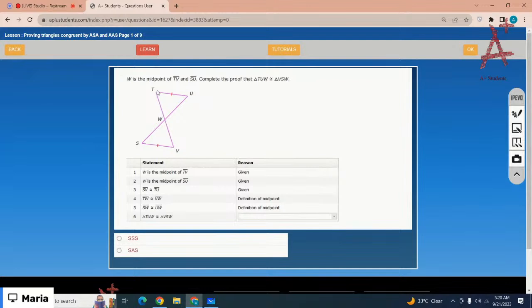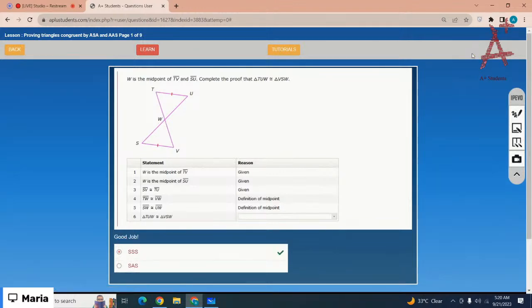That means then TW is congruent to VW and SW is congruent to UW, right? So it is side, side, and side, right? All three sides are congruent. That would be side, side, and side, right?